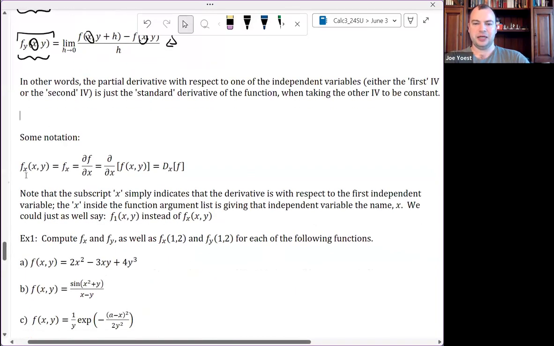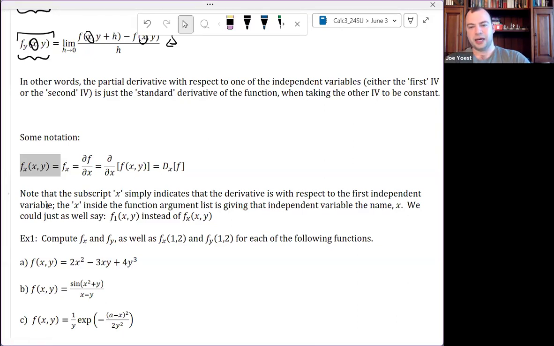So what's some notation? There are a bunch of different ways to denote partial derivatives. Probably the most common is just f sub x, for instance, for the x partial of f. We could be a little more explicit about the coordinate that we're inputting, f_x of (x, y).